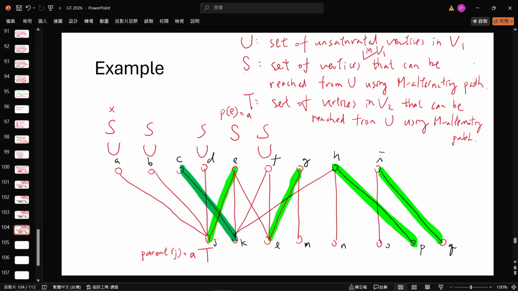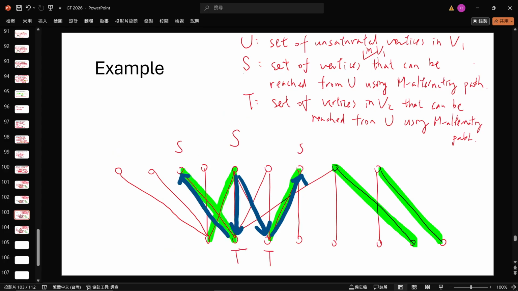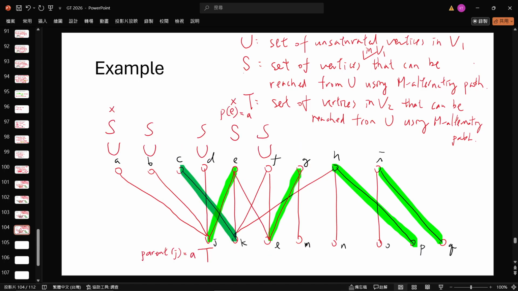So for example, how about we just choose E. We choose this guy, and again, we first go down, using edges not in the matching. So we can reach K and L. So K and L are in T.